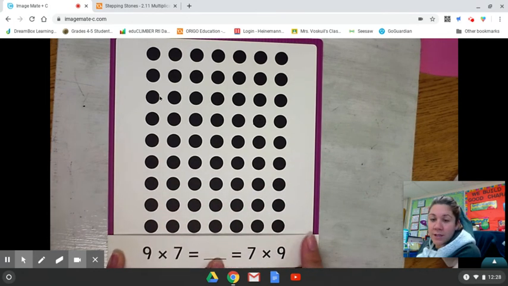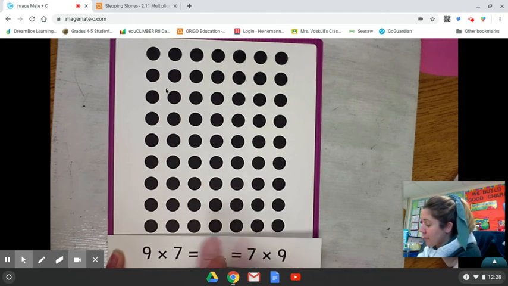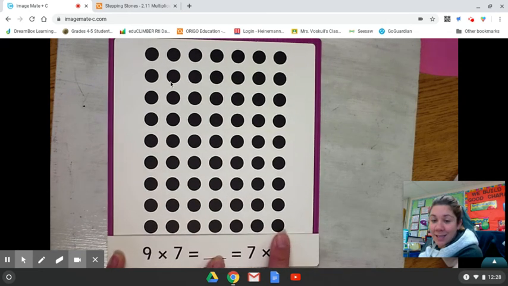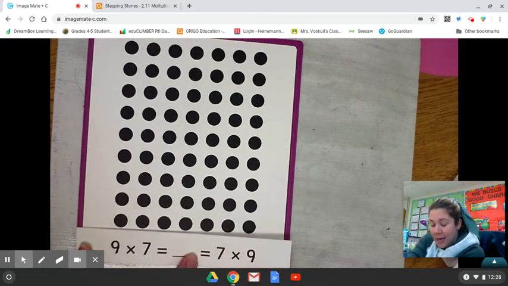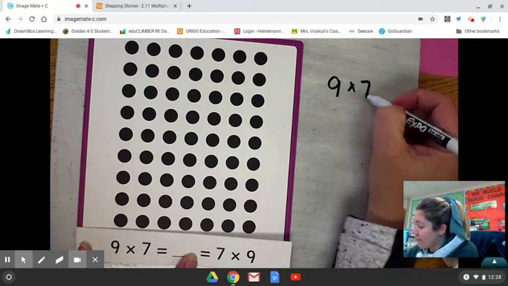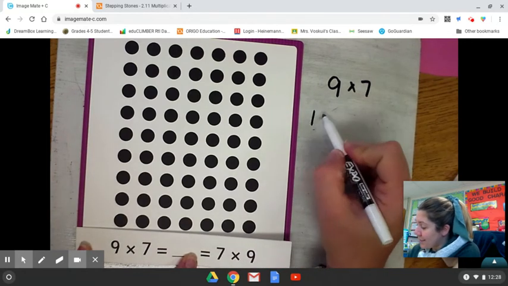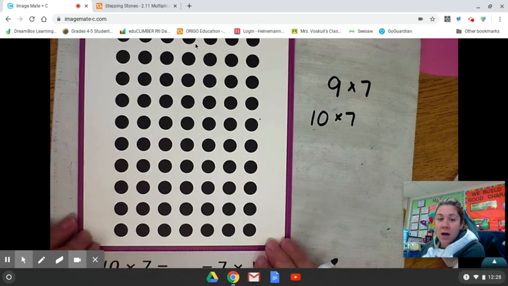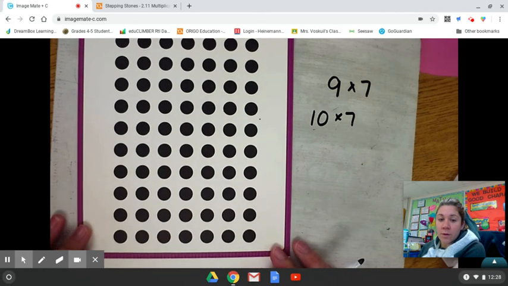I have 9 rows of 7 because there's 1, 2, 3, 4, 5, 6, 7 in each. All right. I am going to be solving 9 times 7. Well, let's use 10 times 7 to help us. Watch me as I unveil this one more row.